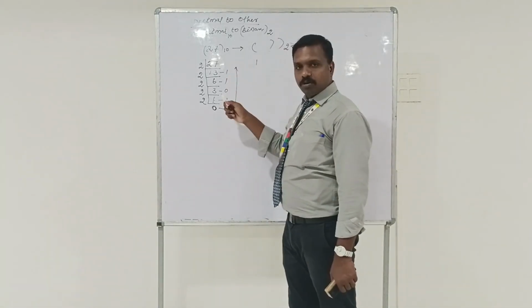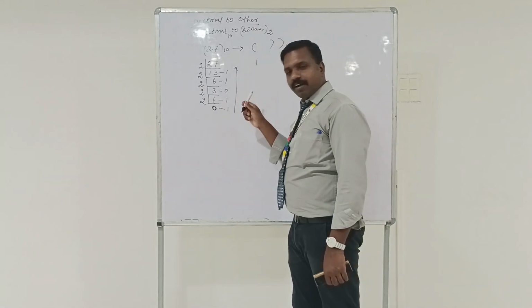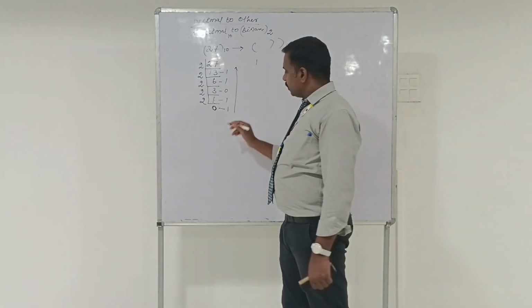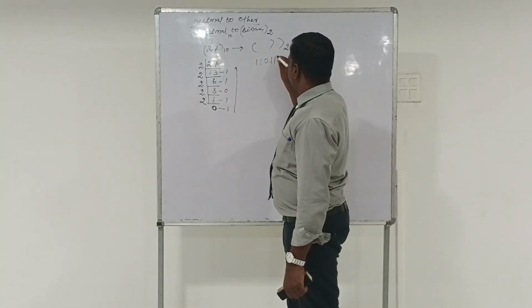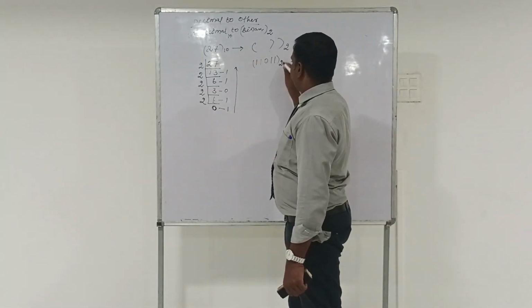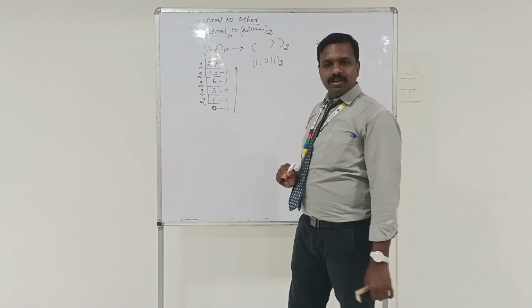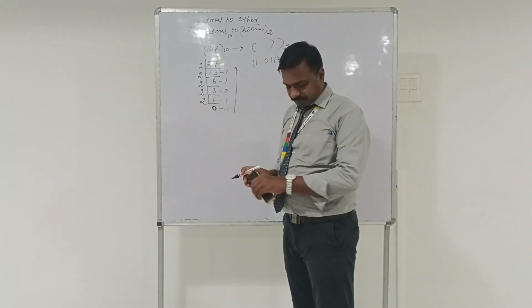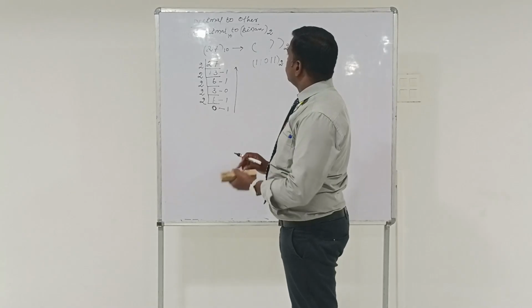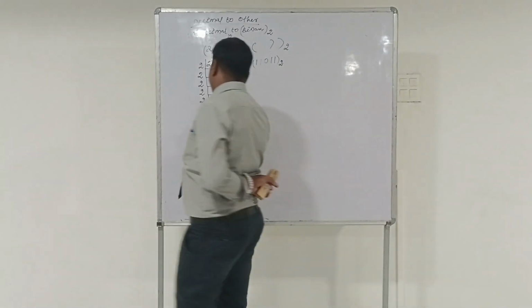So you have to write the remainder, starting from bottom to top. Okay, 1, 1, 0, 1, 1. This is my binary value for the given decimal value. Okay, understand?